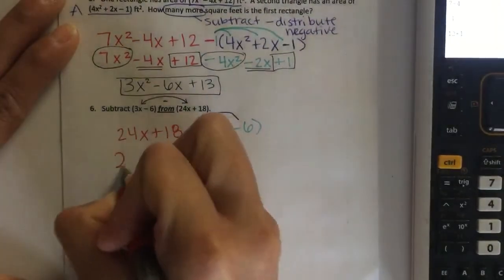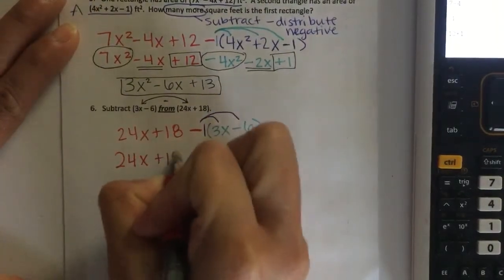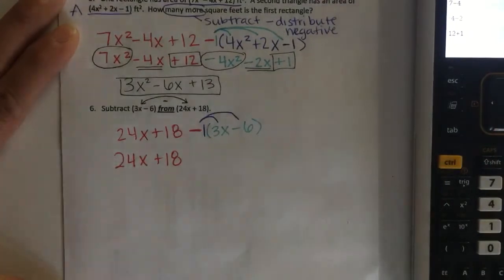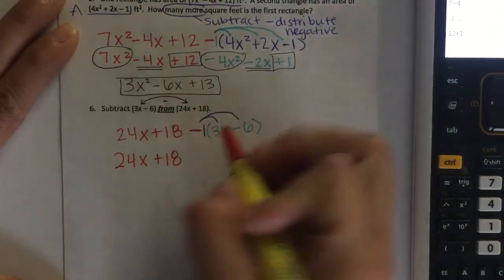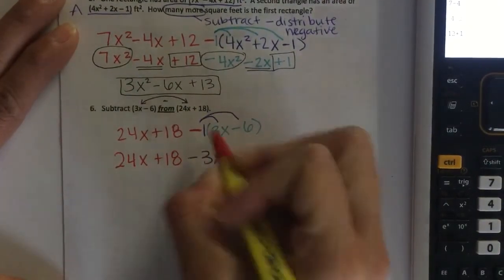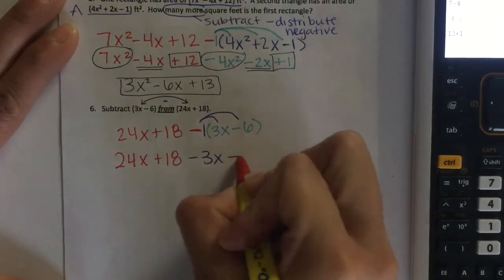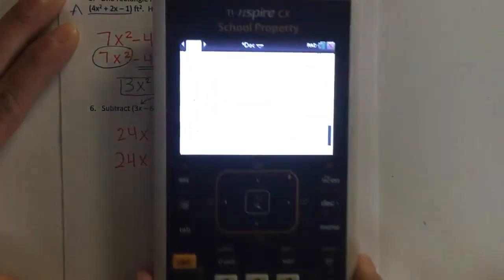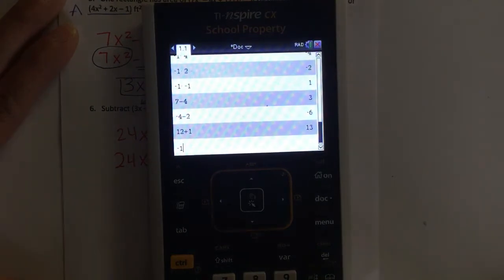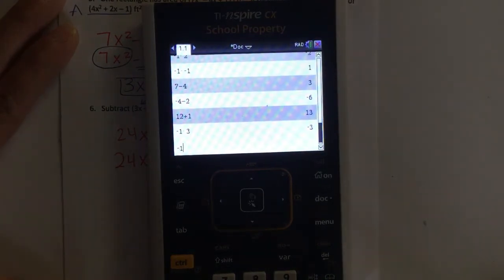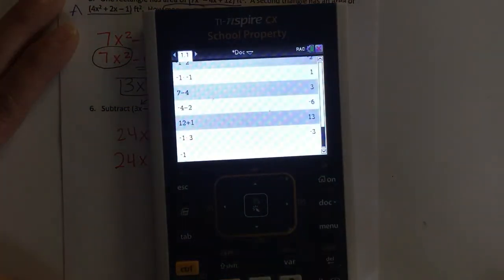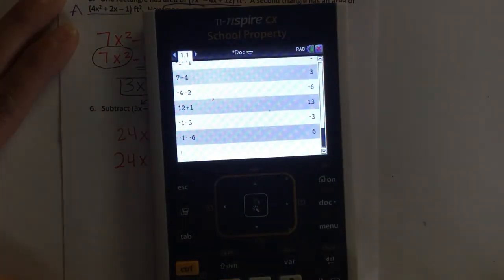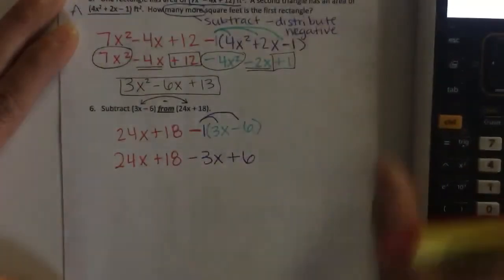So you keep 24x plus 18, and now you distribute negative 1 times 3x, minus 3x. Negative 1 times a negative 6, plus 6. That's how we get minus 3x plus 6.